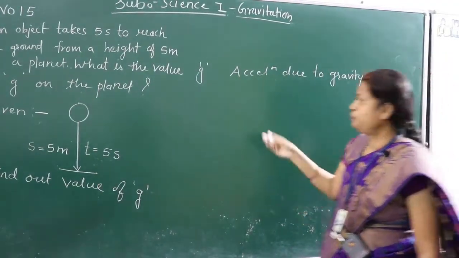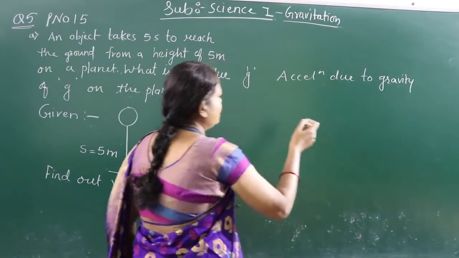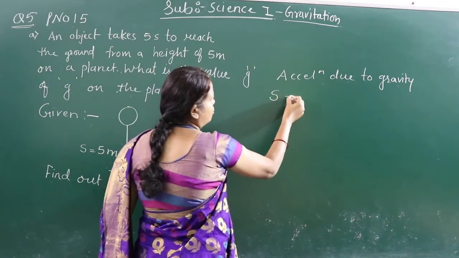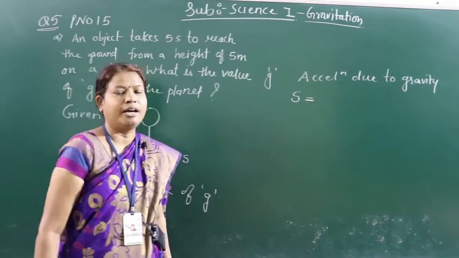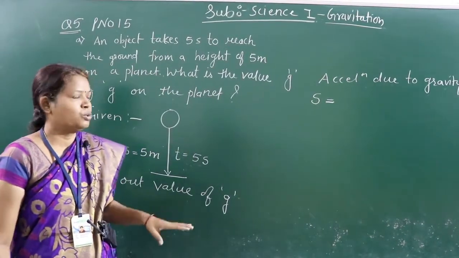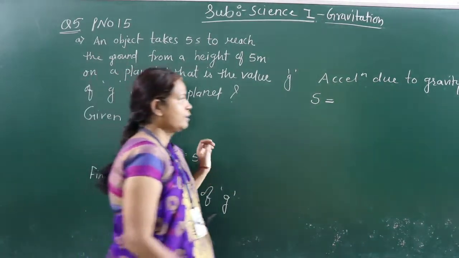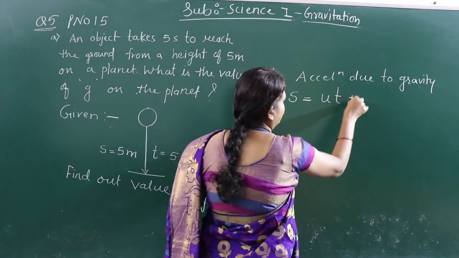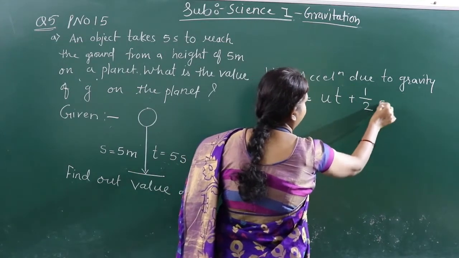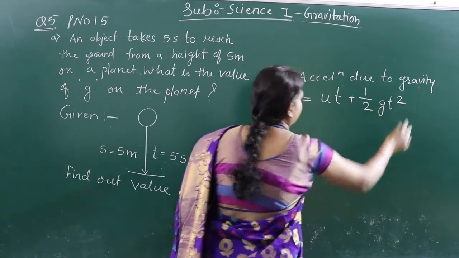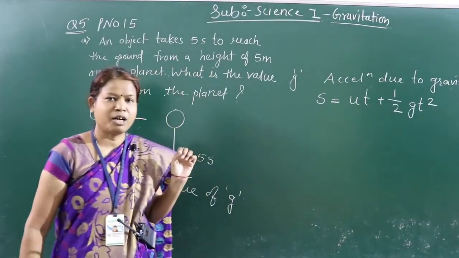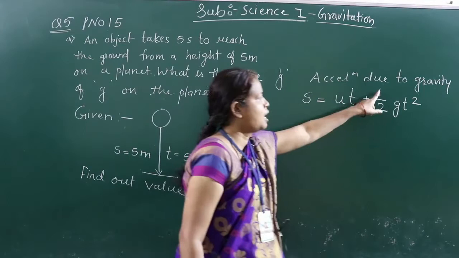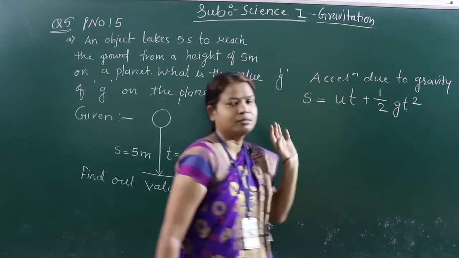So according to Newton's universal law of gravitation, we got one formula. I already discussed with you in our last video, that S is equal to ut plus half gt square. If you remember this formula, then S is equal to ut plus half gt square.